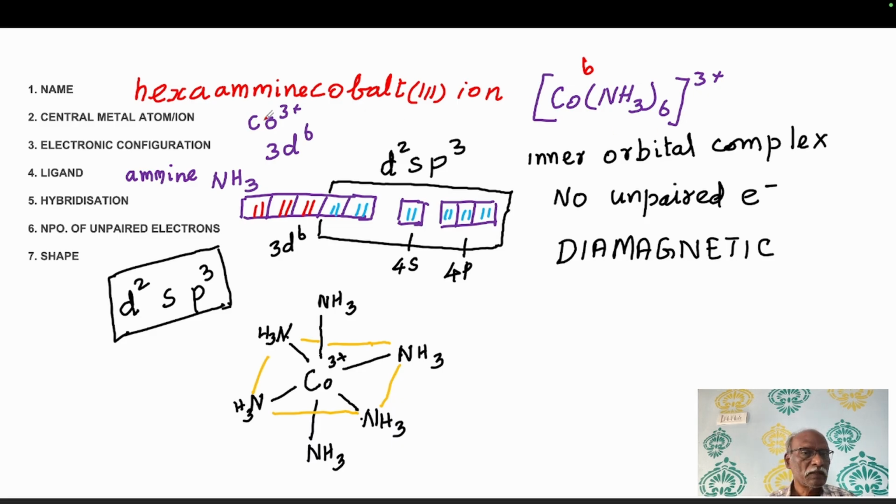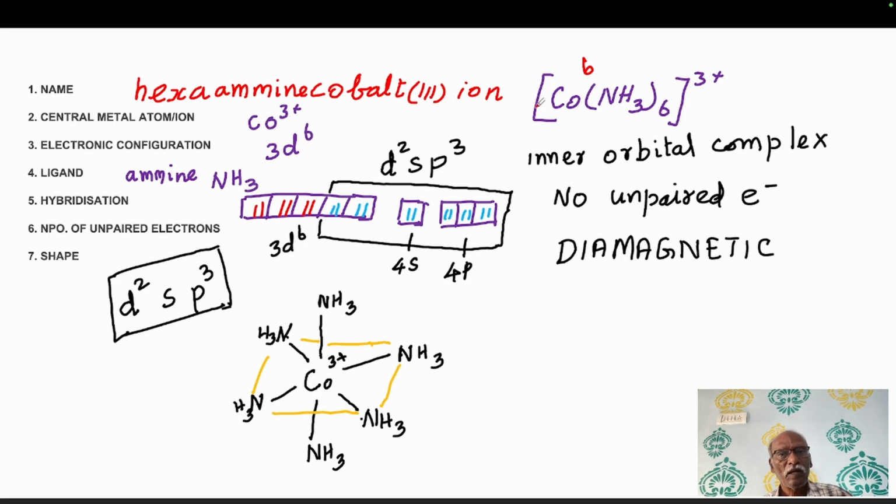How do we call it? Hexaamminecobalt(III) ion. Hexa, 6; ammine, ammonia; cobalt 3 plus ion.